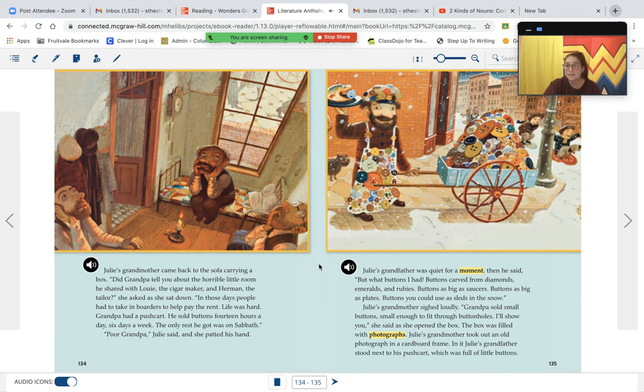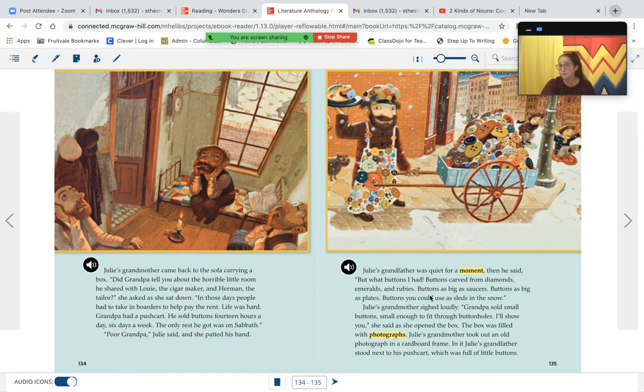It sounds like Julie's grandmother is, like I said, the realist. She is saying everything how it was, and her grandfather's really positive. I would not like to push around a cart selling buttons all day, and he thought of it as diamonds. He says buttons carved from diamonds, emeralds, and rubies.